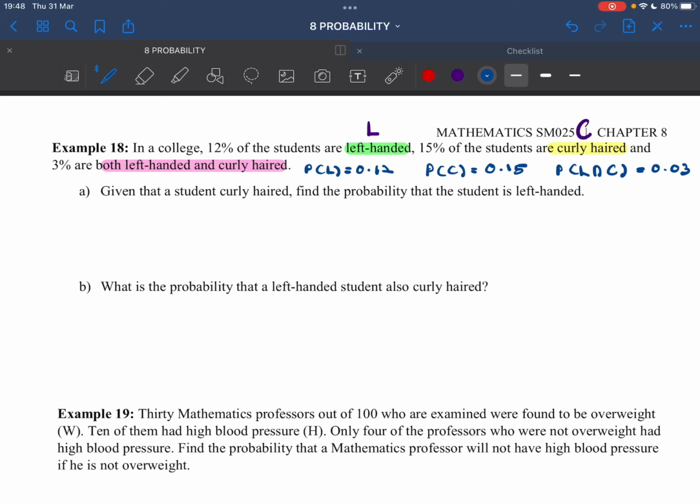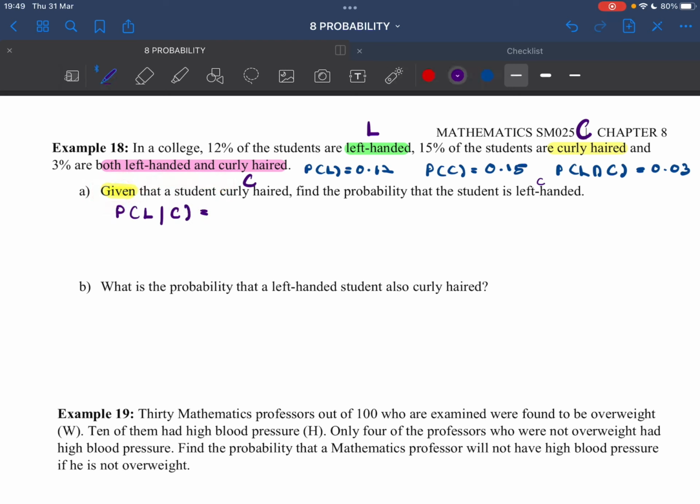So first one, given that a student is curly-haired, find the probability that the student is left-handed. So what we have here is P(L given C), because after the word "given" is curly-haired, so curly-haired has to be at the back.